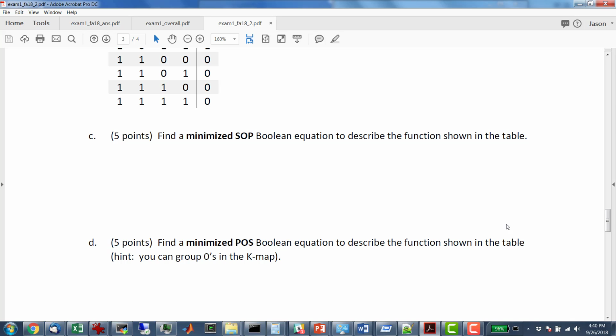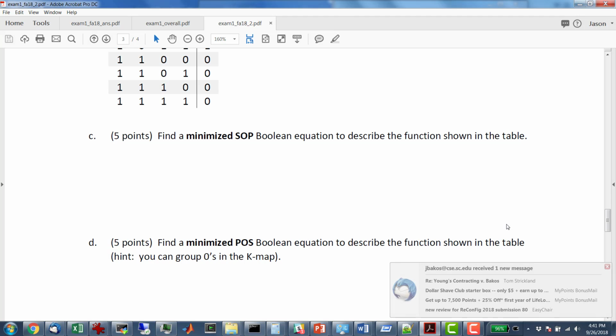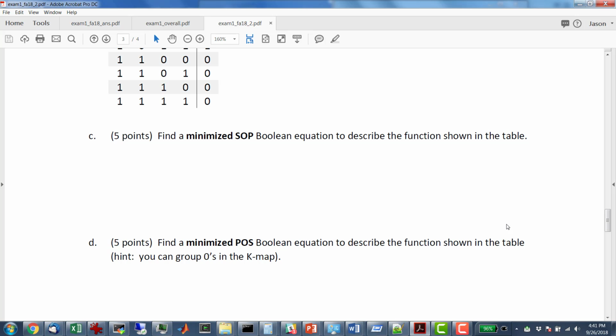But that's the biggest group I can do for that. So this is A, B, but remember, because we're doing product of sums, we have to negate the individual terms. So this corresponds to not A or not B. So that takes care of all those zeros, and now we just have those 2 guys.